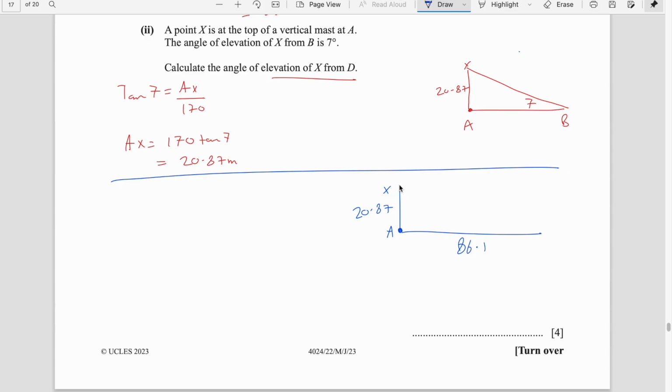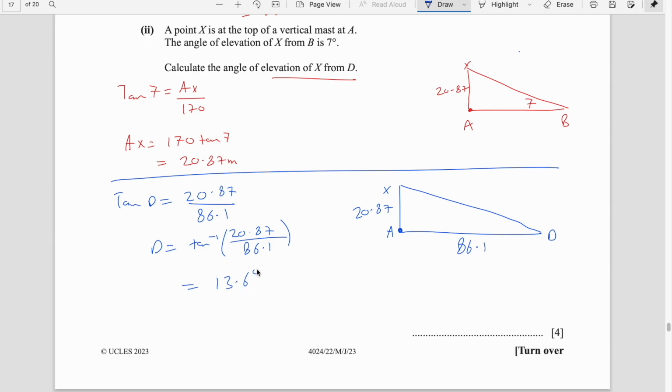So tan D is equal to perpendicular 20.87 divided by base 86.1, and D is equal to tan inverse of 20.87 by 86.1, which is 13.6 degrees.